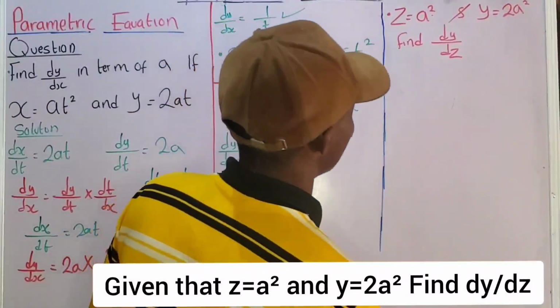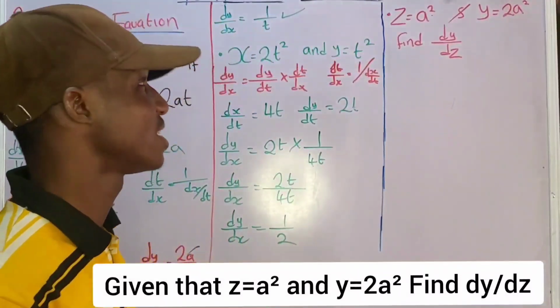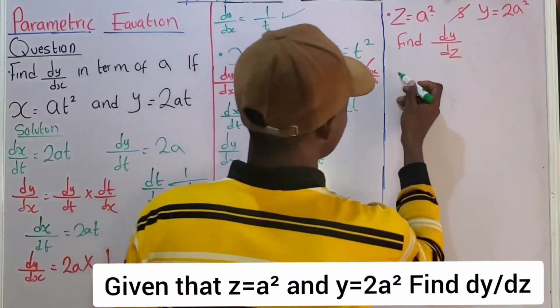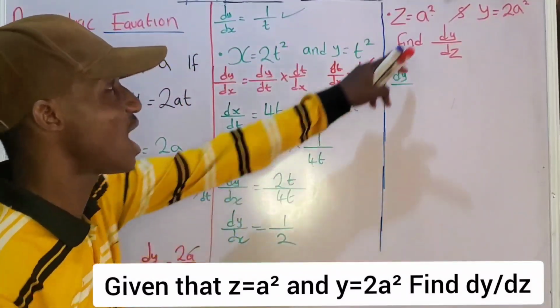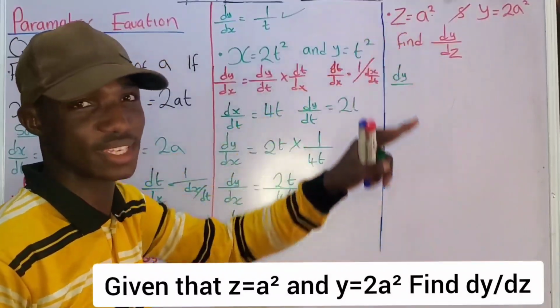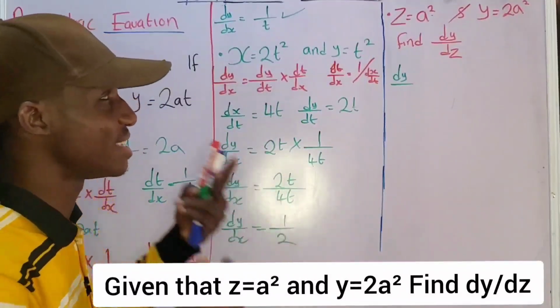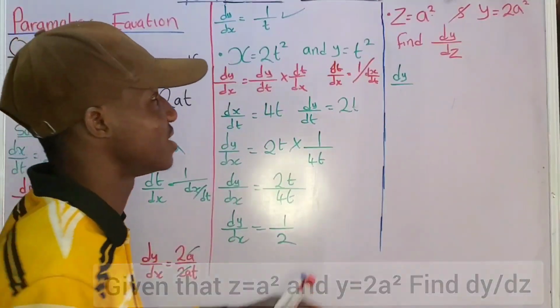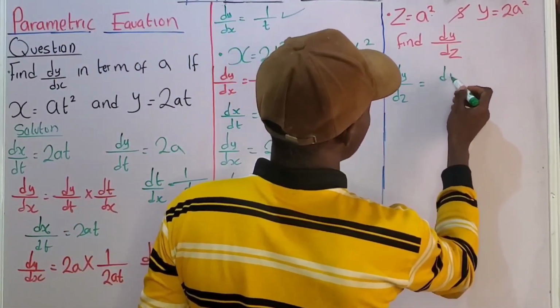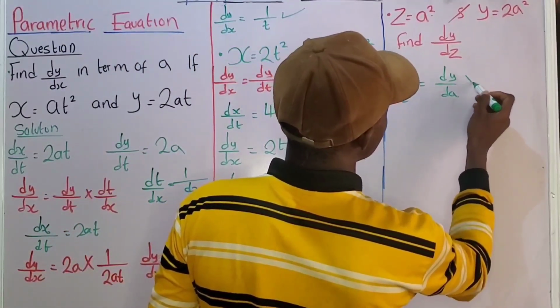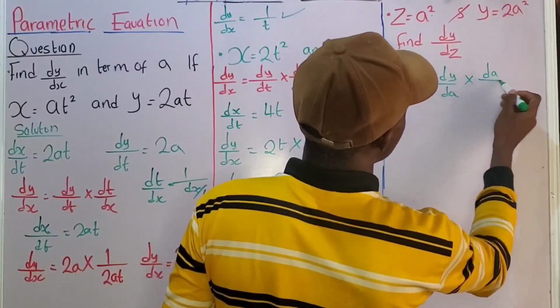Okay. Now you don't have to worry yourself. Please pay attention. The only thing that changes is that we have z instead of x. It doesn't concern you. Anything that they have, you can just differentiate it. You understand? dy over dz will be equal to dy over da multiplied by da over dz.